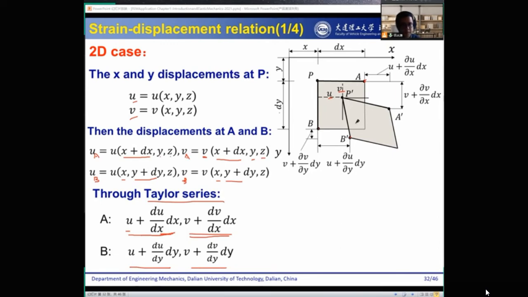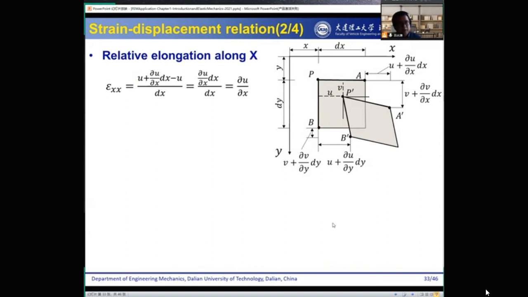And we have written here: this is the x displacement for A, this is the y direction displacement for A, this is the x displacement for B, and this is the y direction displacement for B. Okay, so now you understand all those, and I have talked through how we get them, from the Taylor expansion. Now this should be easy to understand.